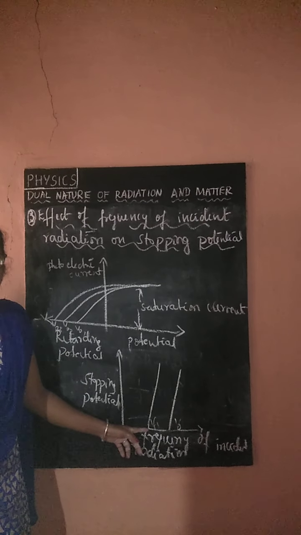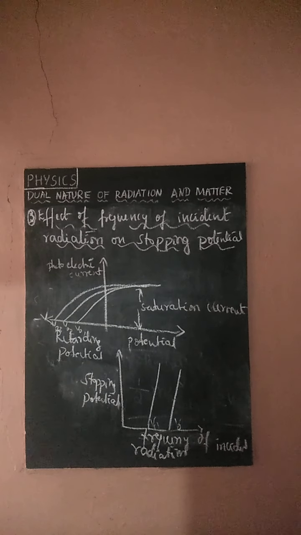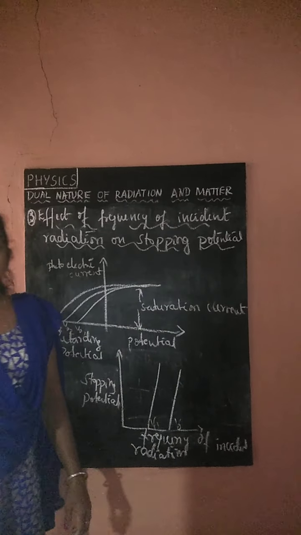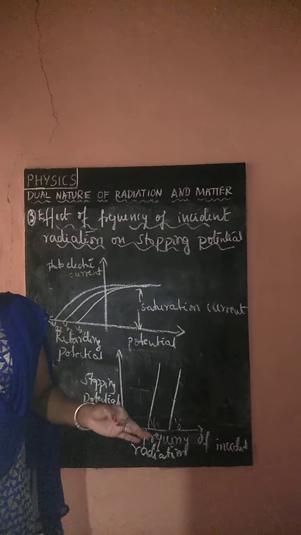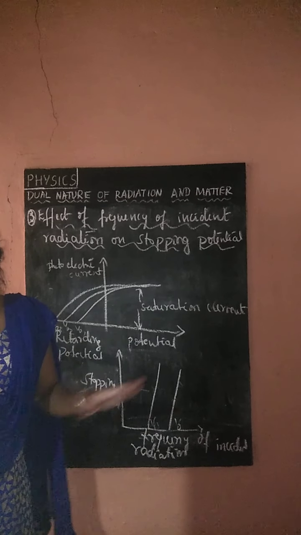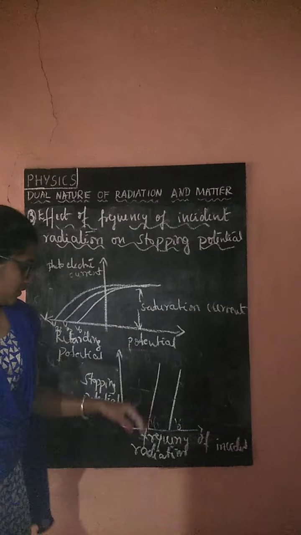So that is the threshold frequency. The threshold frequency is the minimum frequency below which photoelectric emission does not take place.